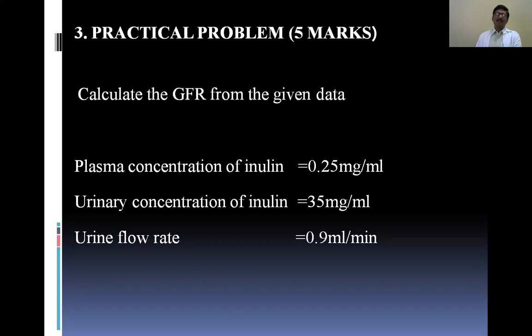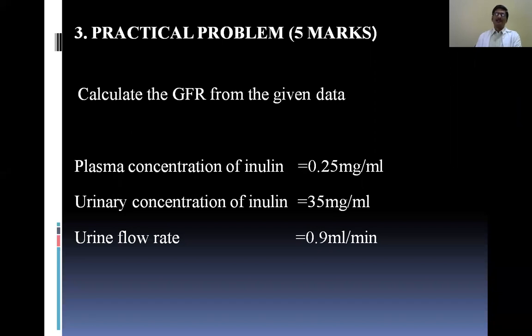It's a harmless chemical which can be introduced into the body through intravenous injection. This inulin has certain properties. It is inert, doesn't react with any substance in the body, doesn't interfere with the distribution of other ions and molecules, it is non-toxic, and it can be estimated easily either from the blood or from the urine.